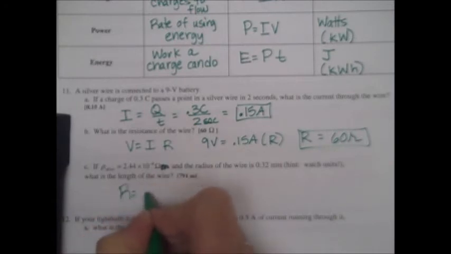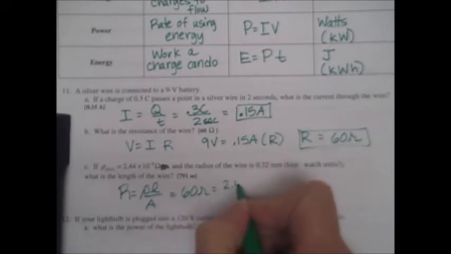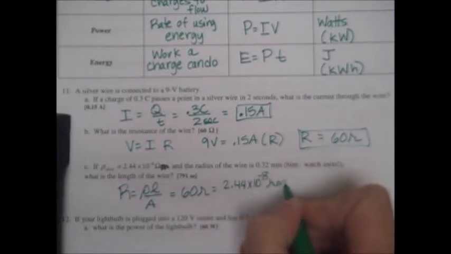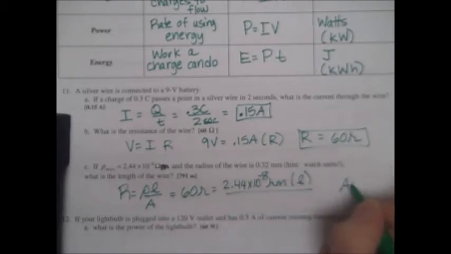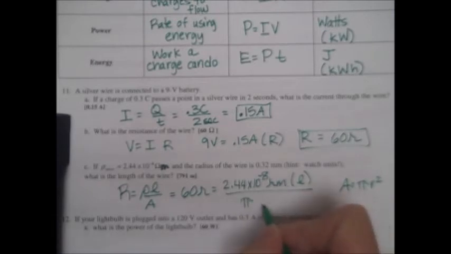So I'm going to use the equation R equals rho L over A. So 60 ohms equals 2.44 times 10 to the minus 8 ohm meters times L divided by A, and A is pi r squared because it's the cross-sectional area of a circle.